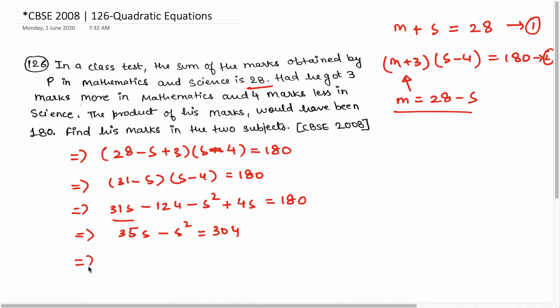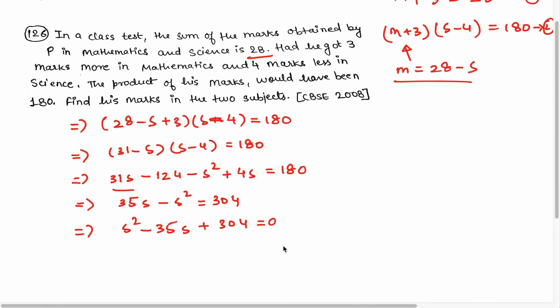Now I'll move everything to the RHS, so it becomes S square minus 35S plus 304 is equal to 0.